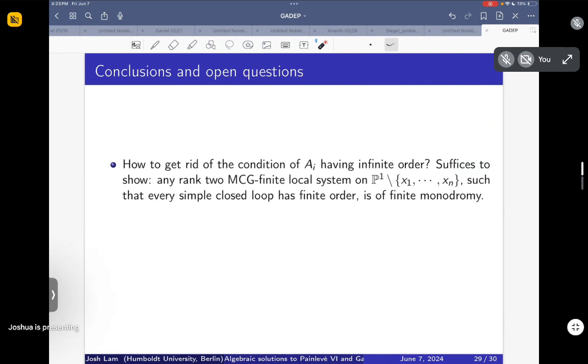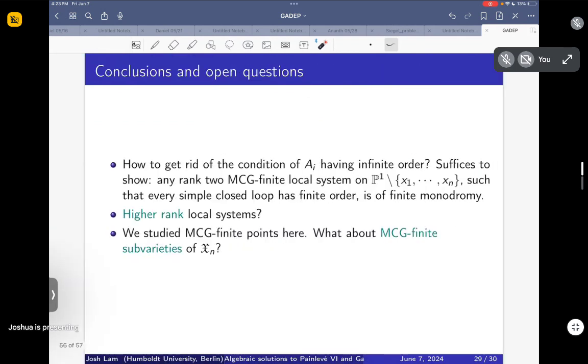So the most obvious question is, how do we get rid of this condition of A_i being infinite order? And unfortunately, we don't really know how to do that. And then obviously, also for higher rank local systems, and it seems a bit tricky.